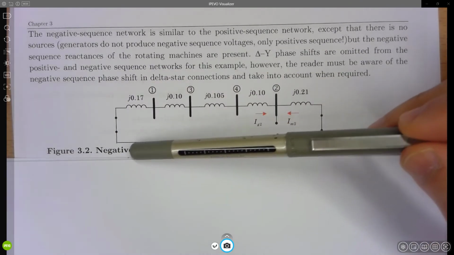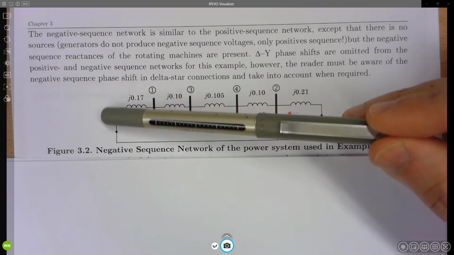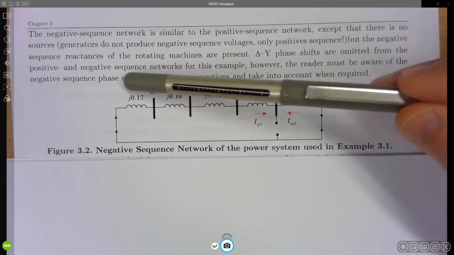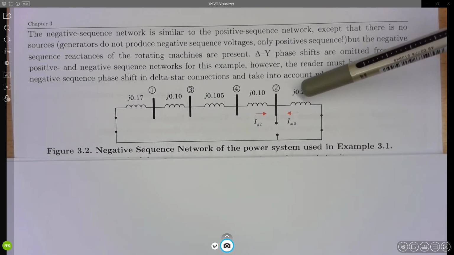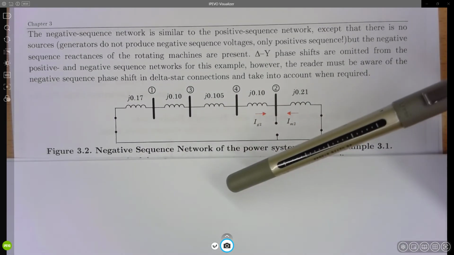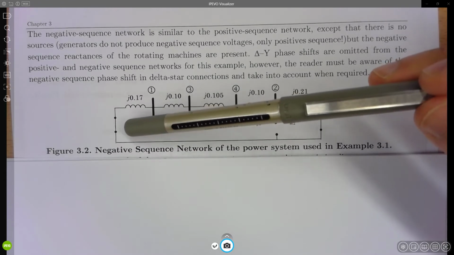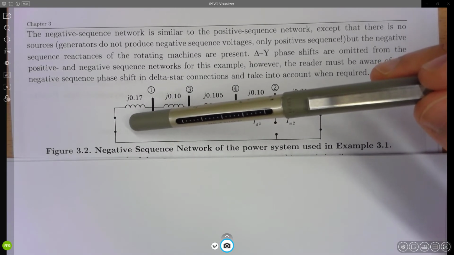Something that you must notice, now we are using the negative sequence reactance of this generator, 0.17. You can see the data, and that is the data for negative sequence reactance. But there is no voltage source. And it must be clear to all my students that negative sequence voltage cannot be produced by a synchronous machine.